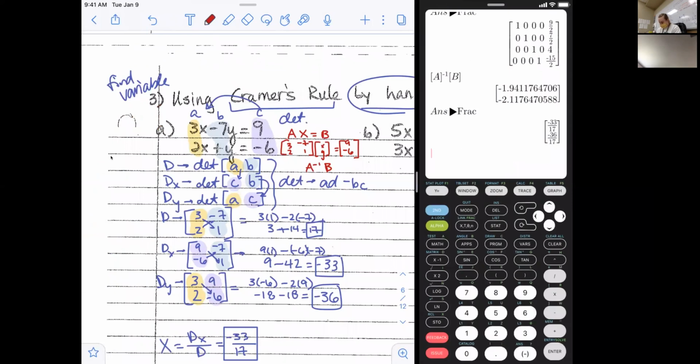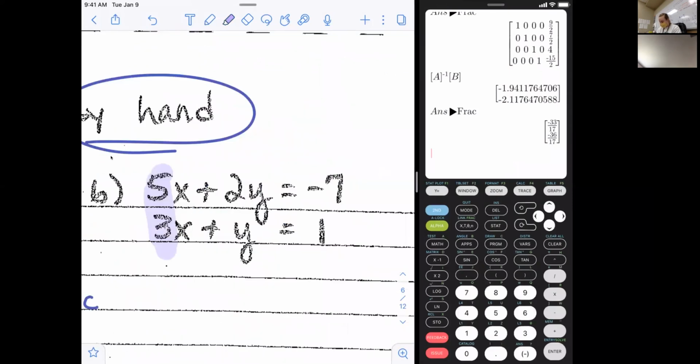So I've got x, my y's, my constants. A, B, C. Remember, we have to do d, and then dx, and then dy.